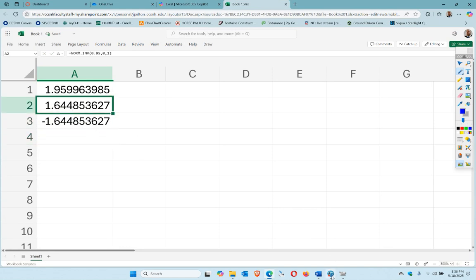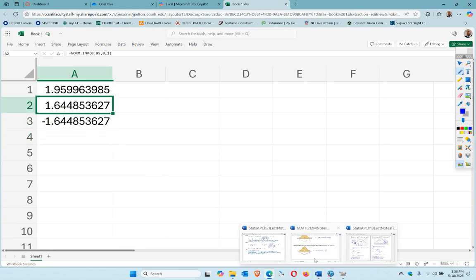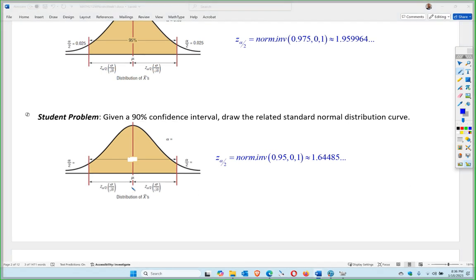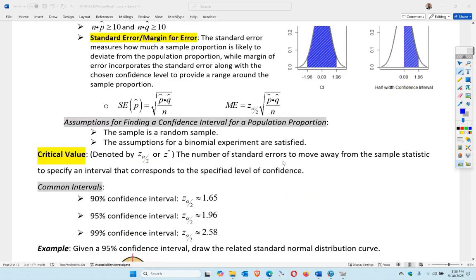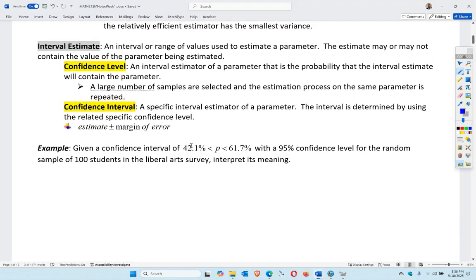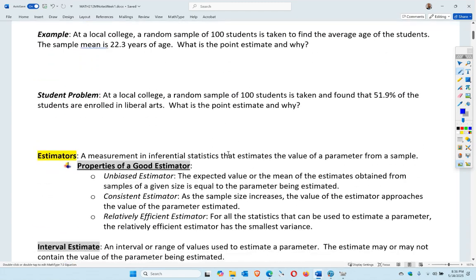Because if you remember the normal curve, right? This is obviously z equals 0, or z value of 0. These are the positive values on this side. These are the negative values on this side from stats 1, right? And if you remember the confidence interval, there's 2 sides, right?